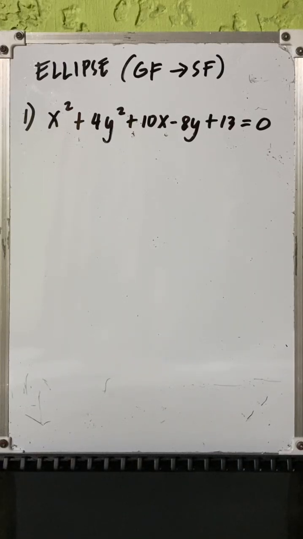Okay, so this time we will convert the general form of the ellipse into its standard form. Just as with the circle, we will do completing the square. In this case, you need to first combine the like terms.